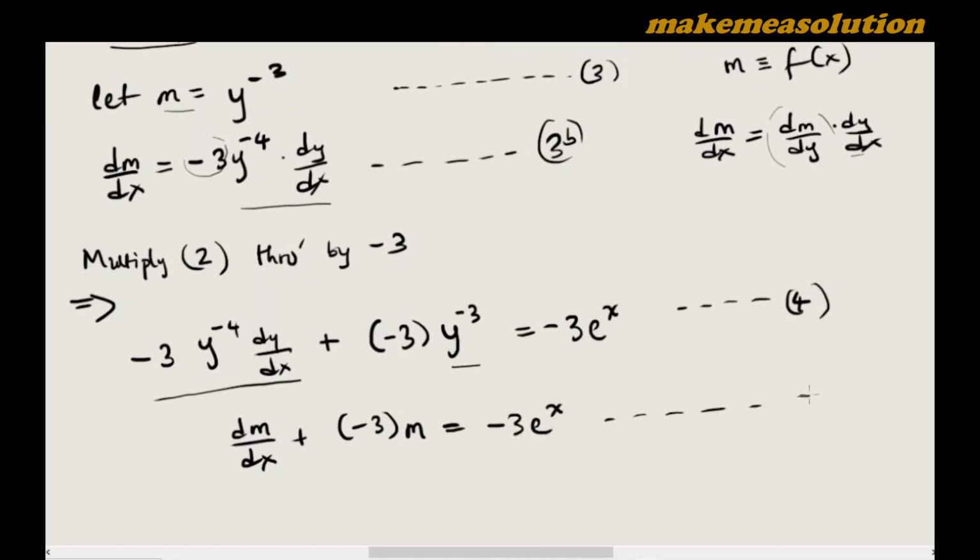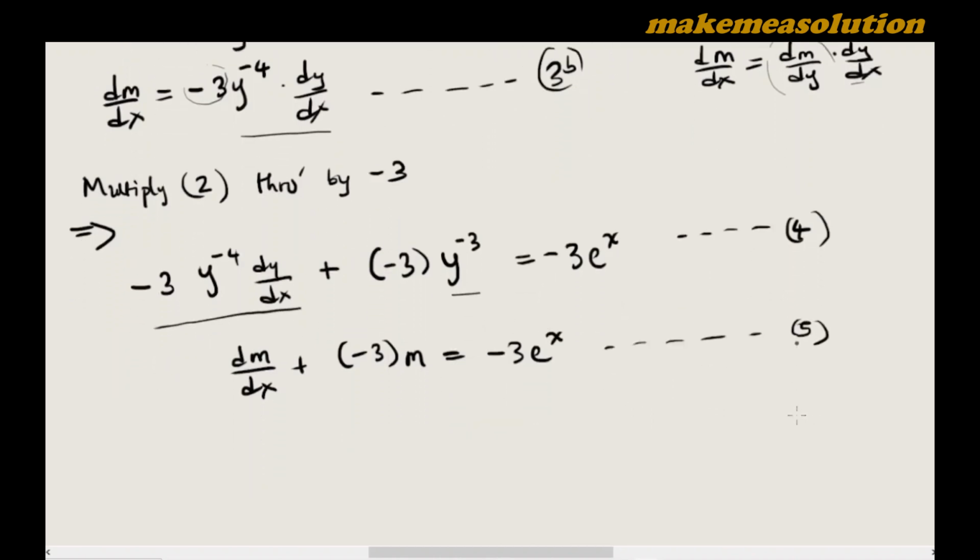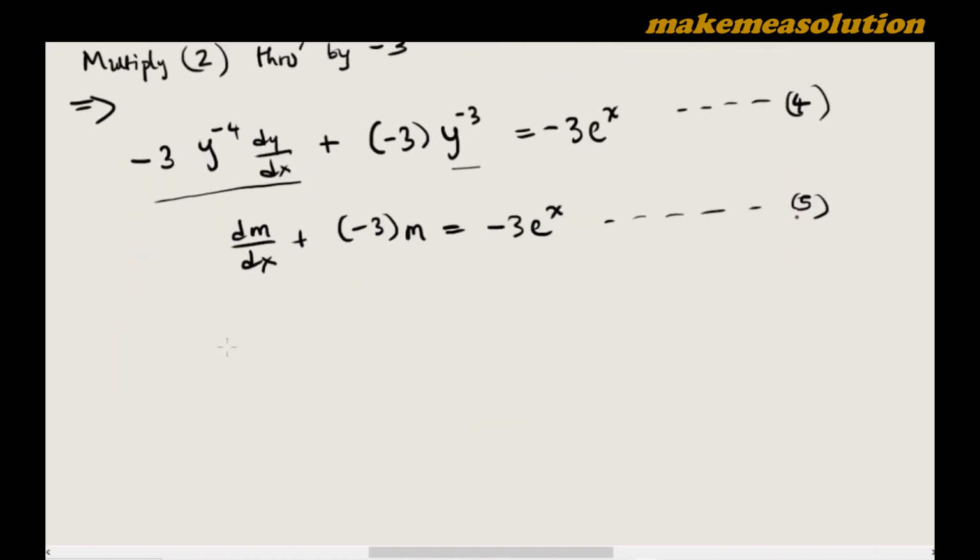So this is 5. So 5 is now linear. It's now a linear differential equation in terms of m and x, so that our integration factor in this case is exponential integral of our augmented p of x dx. Our augmented p of x is actually minus 3 dx, and this is exponential minus 3x.